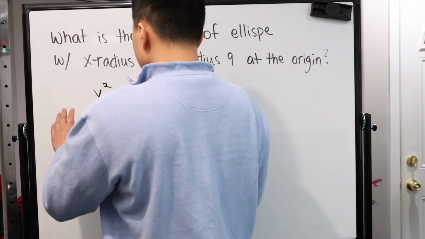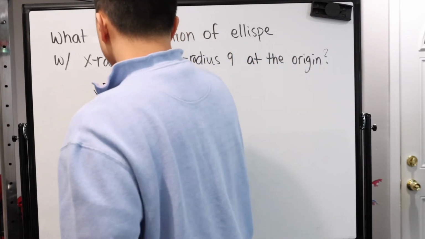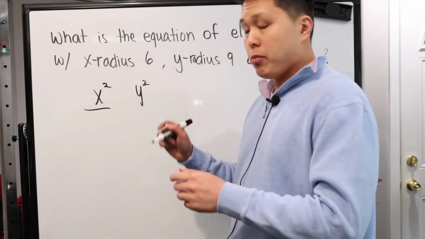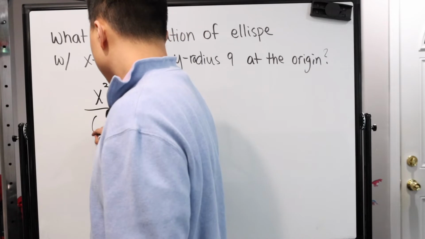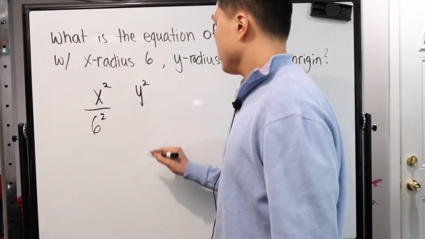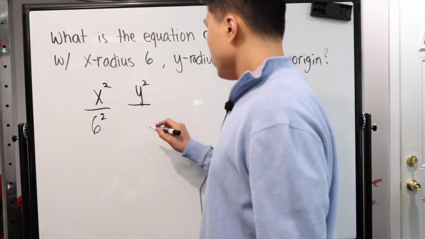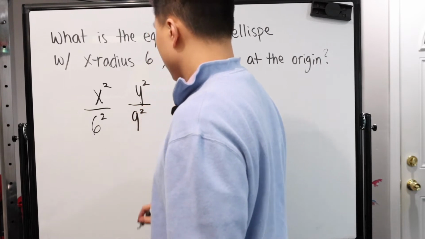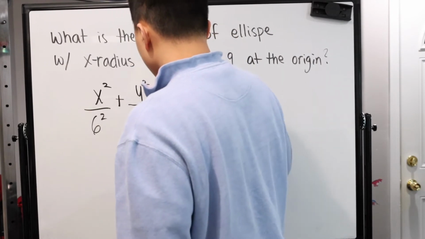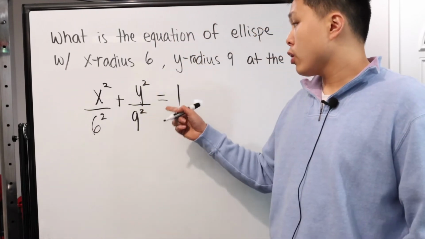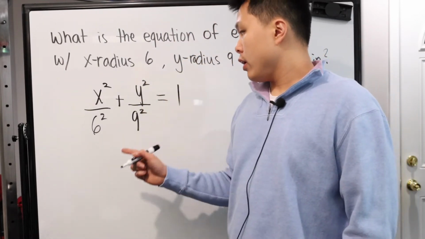Now, if we're talking about the x radius, meaning the x stretch, and we know that it's 6, then we want it to be 6 squared right here. The y radius is 9, so that's just going to be 9 squared right here. Of course, we're adding, and that's going to be equal to 1. And just like that, you have your equation of an ellipse.